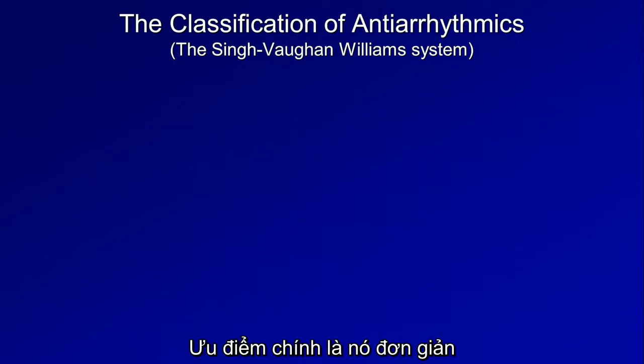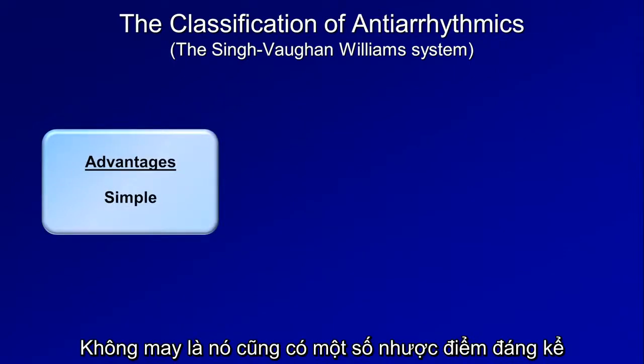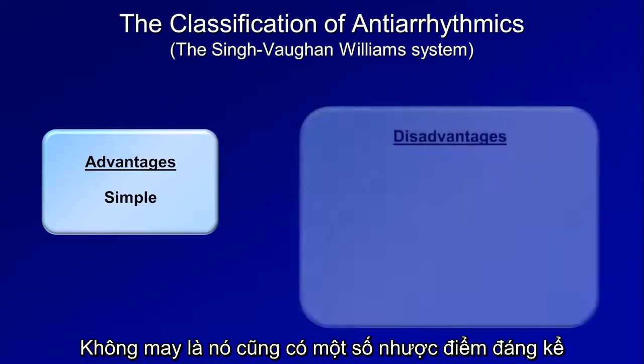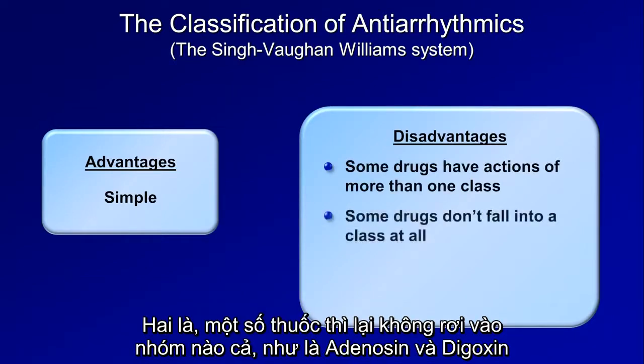This system has advantages and disadvantages. The primary advantage is that it's simple. 4 fundamental classes based on 4 distinct mechanisms. Unfortunately, there are some significant disadvantages. First, some drugs have actions of more than one class. Second, some drugs don't fall into a class at all, like adenosine and digoxin.